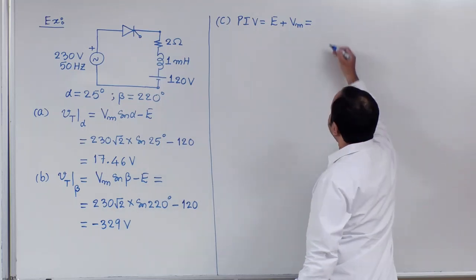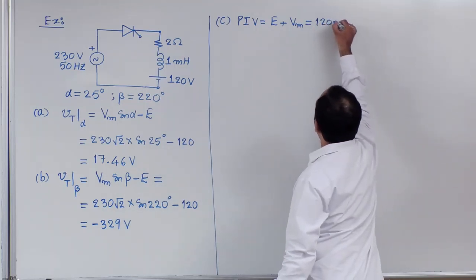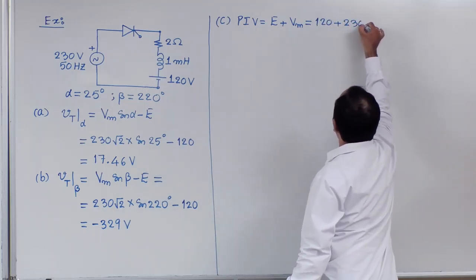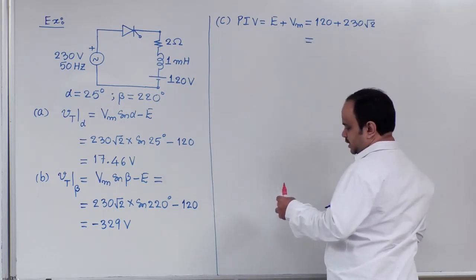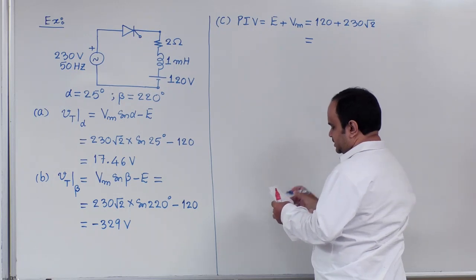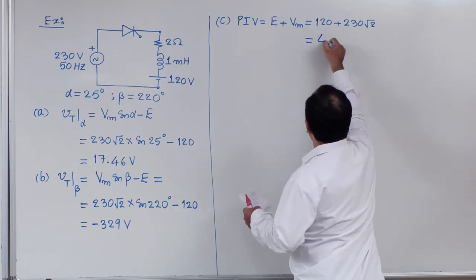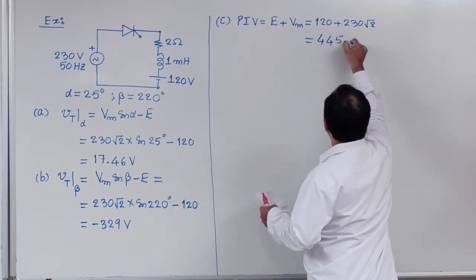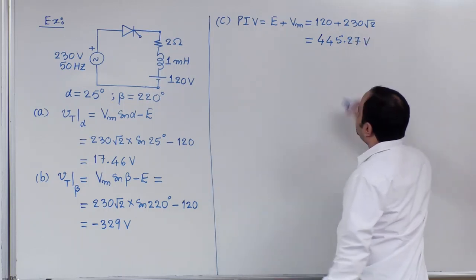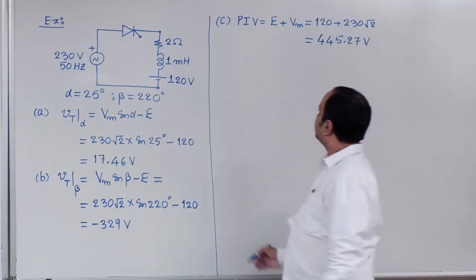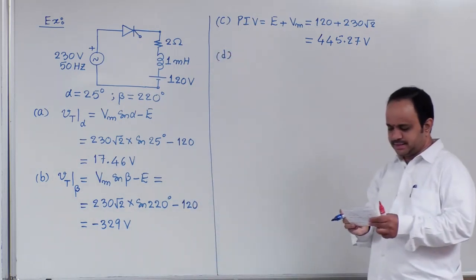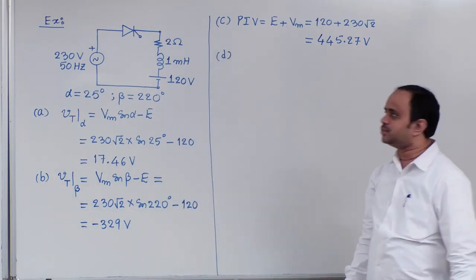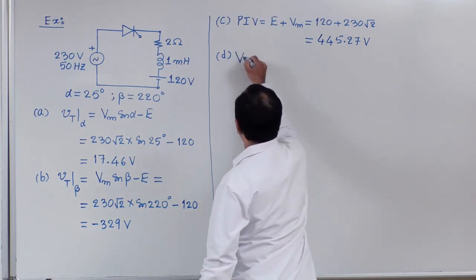So what is that? 120 plus 230 multiplied with root 2. This numerical value is 445.27 volt.